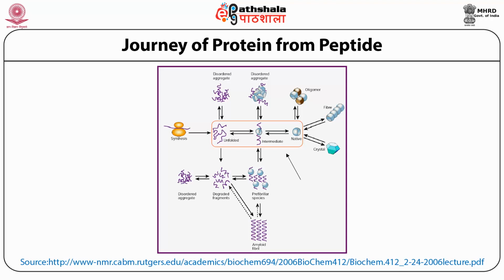It can simply be degraded by the cellular machinery, or it binds to some chaperone molecules which convert it into the fully active native conformation. If it is unable to do so, then it may form aggregates and it may form amyloids.